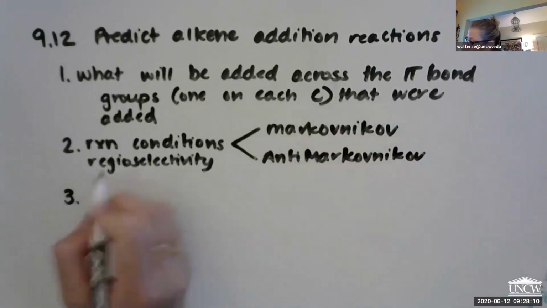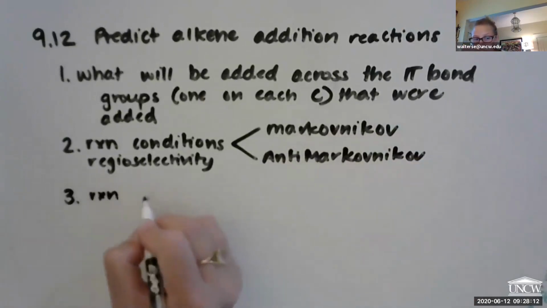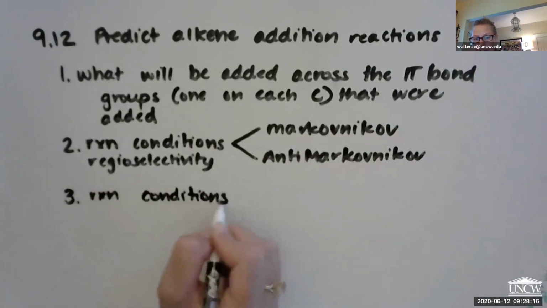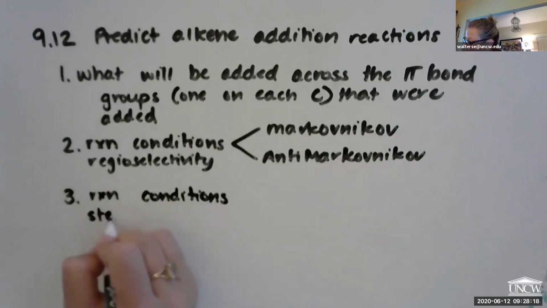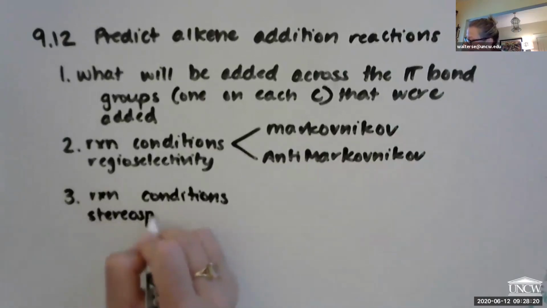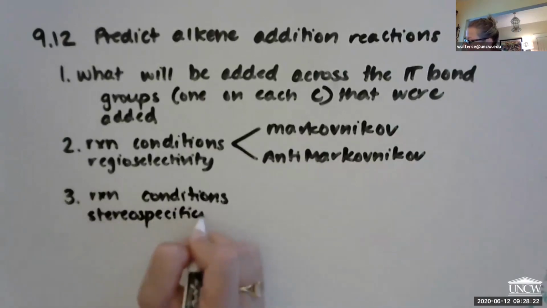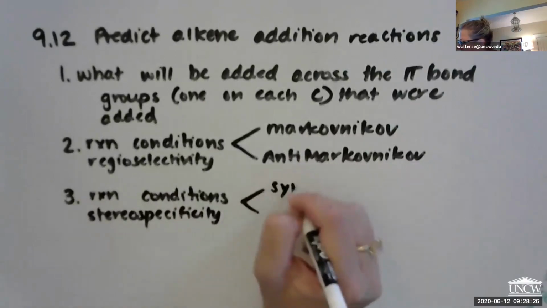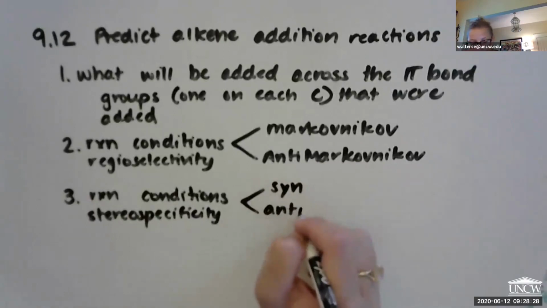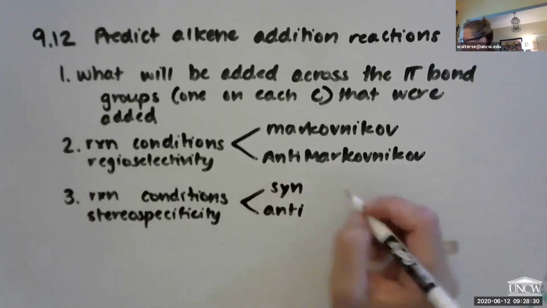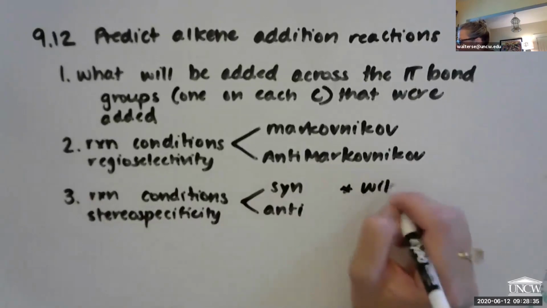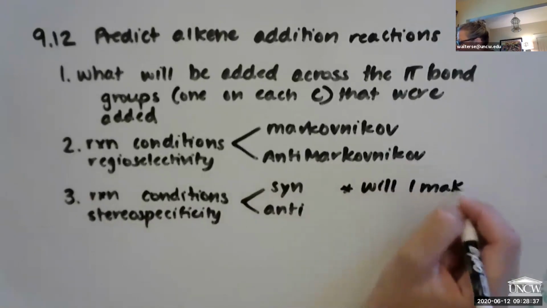And then also by your reaction conditions, you need to think about the stereospecificity. Do you get syn addition or anti-addition? And always ask yourself, will I make enantiomers?